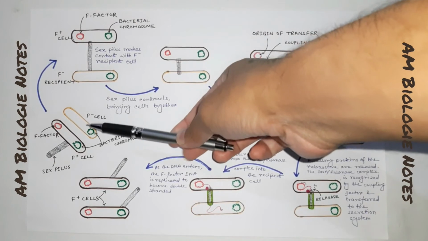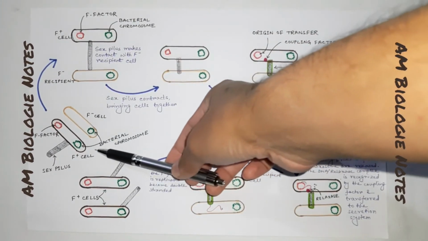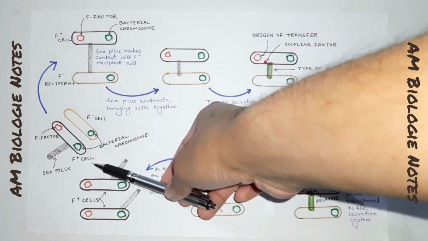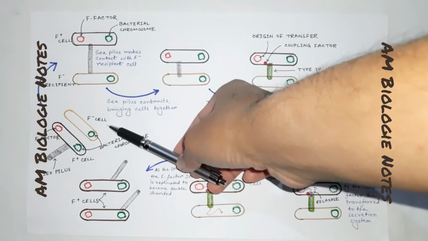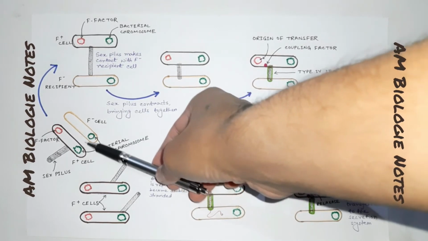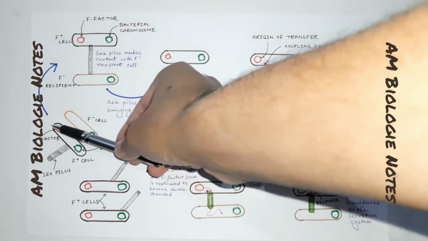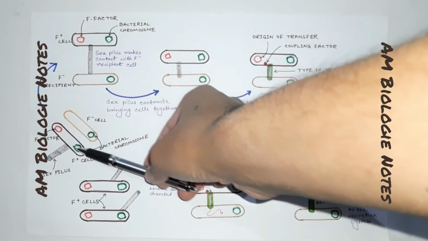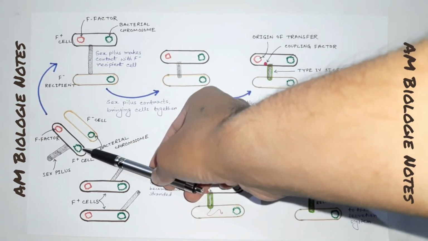In this diagram, I have shown you the conjugation process between F factor possessing donor bacteria and recipient cell that lacks F factor. This is an F plus cell. It has a plasmid and a bacterial chromosome.